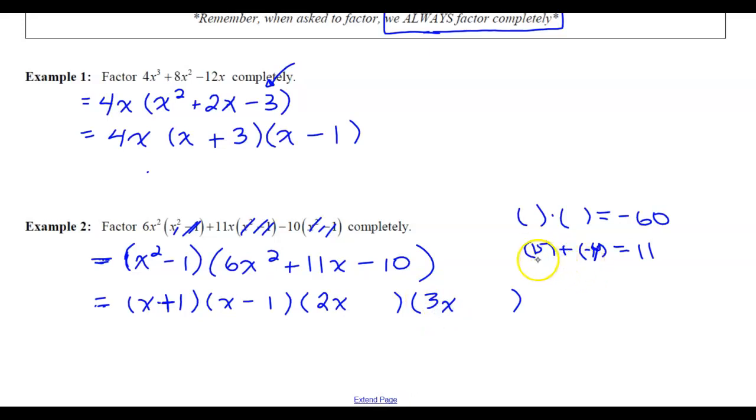And now 2 doesn't go into 15, so my outside here has to give me -4. So that would be -2 there. And my inside has to give me 15, so that would be +5. Okay, so that factors to 4 brackets.